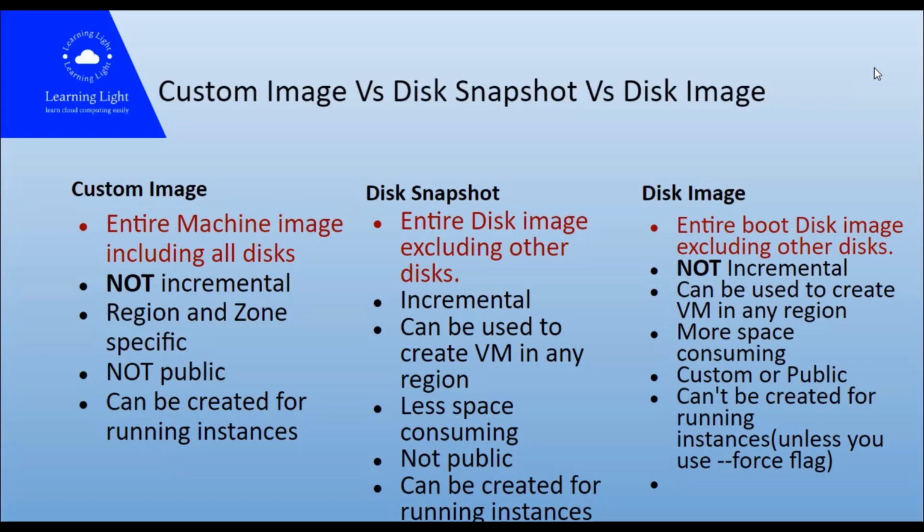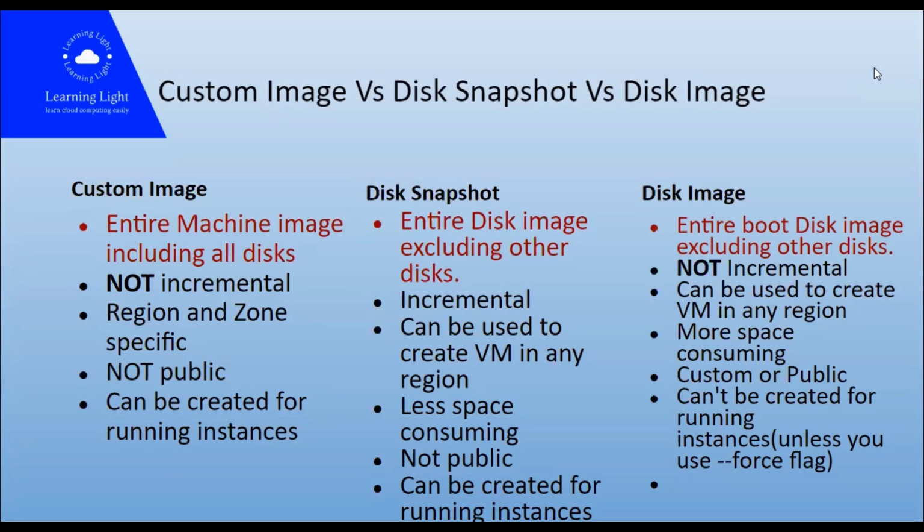But it depends upon your business requirement, and there is another solution that GCP provides, which is the disk image. It is basically just like the custom image, but here you are not going to use the disk image when you are actually running the VM instance, unlike the custom image.